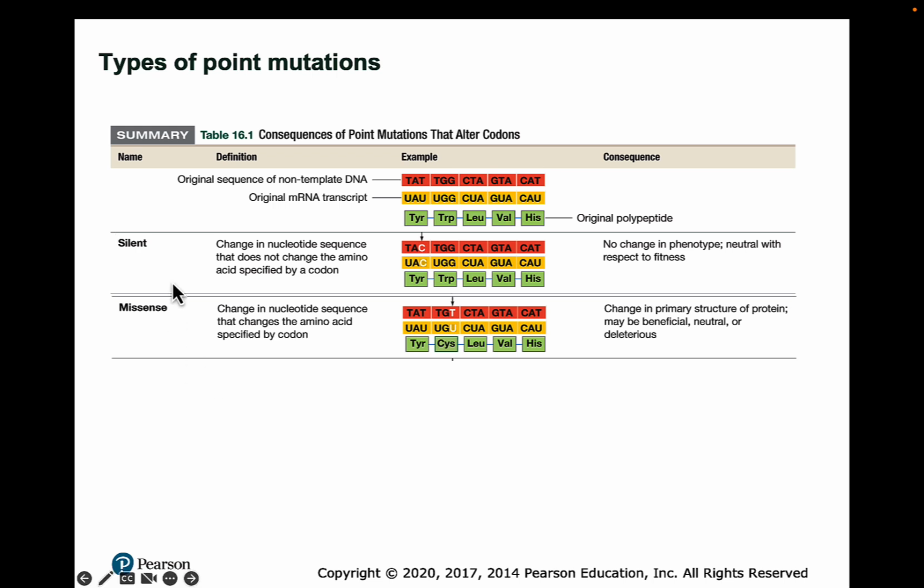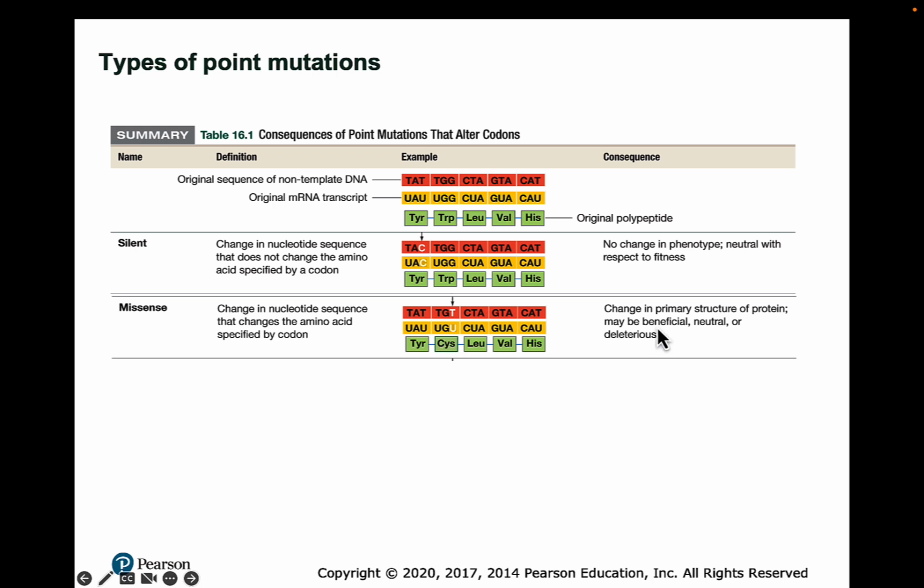A missense mutation is a change in the nucleotide sequence that changes the amino acid that's specified by the codon. Let's focus on this next codon, and let's imagine that thymine was introduced here, which would mean that the mRNA would have a uracil. So instead of tryptophan being produced by the codon UGG, we now have UGU, and this encodes the amino acid cysteine.